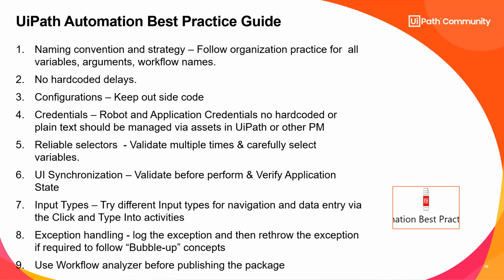There will be a long list of checks in your design, like naming convention. Your variable name should follow camel case, or your argument should contain in, out, and in/out parameters. Your workflow should contain verbs like get, put, out, print, those kinds of things, right?